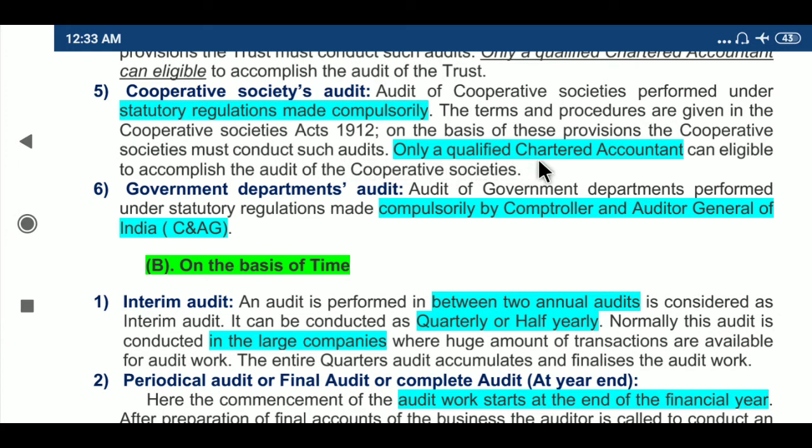Only a qualified chartered accountant is eligible to accomplish the audit of cooperative societies. Next, sixth one, government departments audit. Audit of government departments is performed under statutory regulations made compulsory by the Comptroller and Auditor General of India, C&AG.